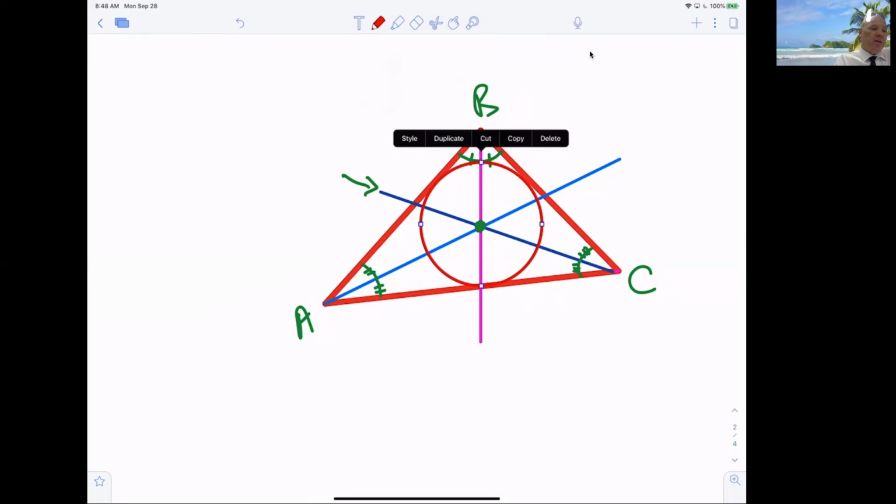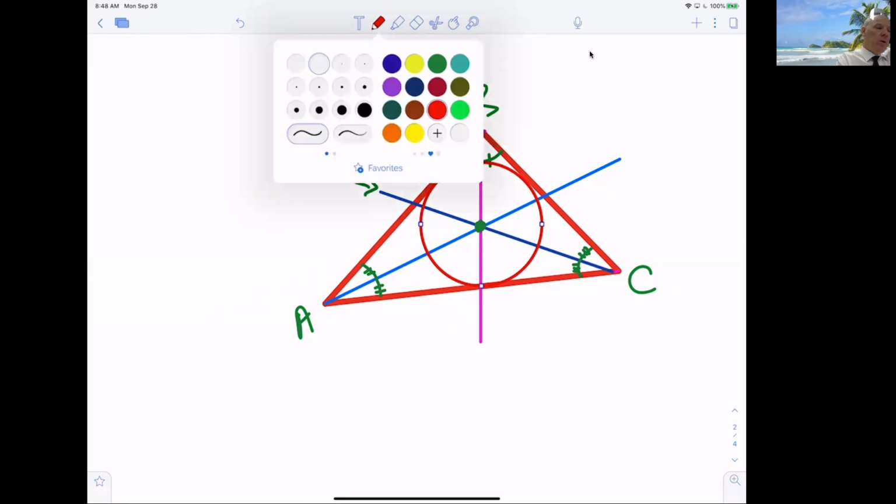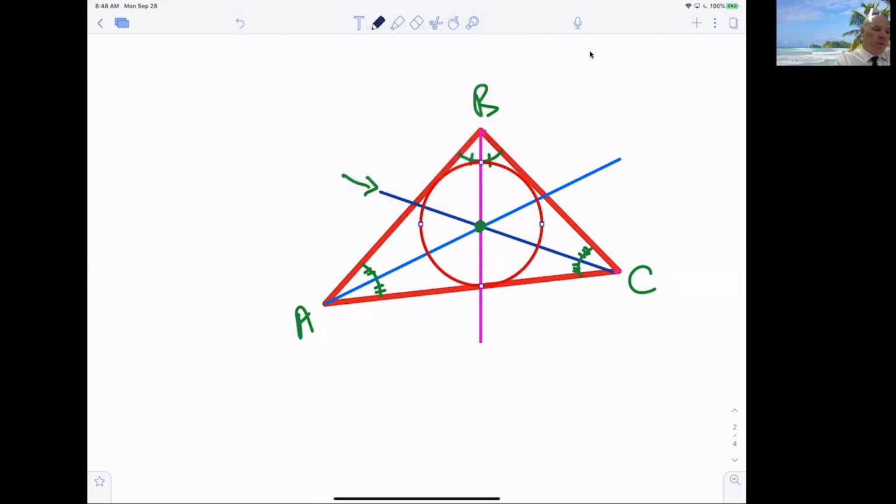So that point now, notice. All right, from here to here is a perpendicular. From here to here is perpendicular. And from here to here is perpendicular. Notice that the inscribed, that's called an inscribed circle.